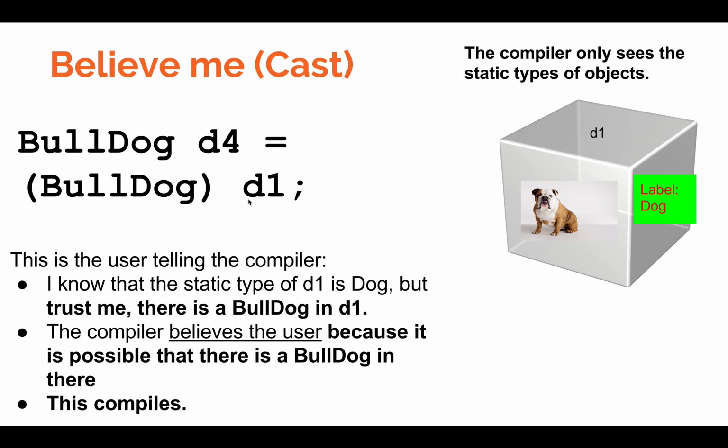The fact that D1 static type is dog, the compiler makes sure that bulldog is indeed a subclass. That's fine. The compiler is still going to make sure that this entire statement can still be true, right? What we are saying now is, trust me that on the right-hand side, there is a bulldog, right? If on the left-hand side you had hungry bulldog, this would still not work because a hungry bulldog still cannot fit inside something that's a bulldog. Does that answer the question? All right. Yes.